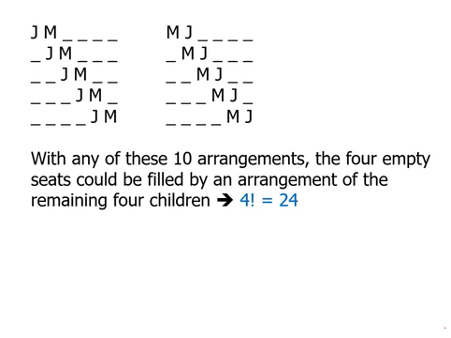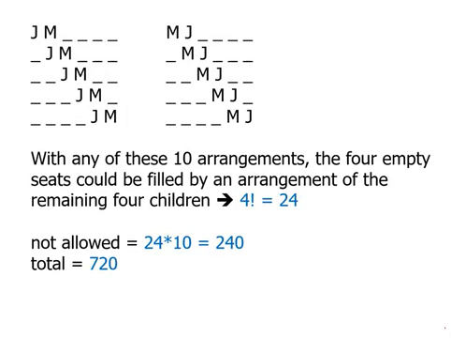With any of these 10 arrangements, the 4 empty seats could be filled by an arrangement of any of the 4 remaining children in any order. So for any one of these, we have 4 factorial, or 24 possibilities for the other children. And so just 10 times 24, 240. That's Q. So there are 240 arrangements that would not be allowed by the restriction.